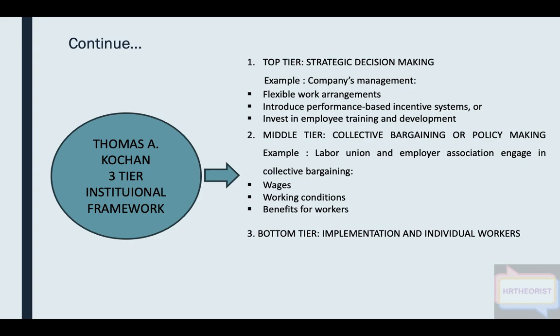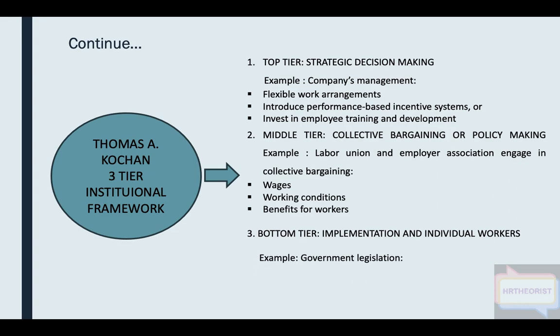The third tier, bottom tier. Bottom tier, that is implementation and individual workers. Here it represents the implementation of policies and their impact on individual workers. It covers the everyday workplace, that is practices, interactions, experiences of employees. So several factors influence this tier, that is government regulations, organizational policies, the actions and decisions of managers and supervisors.